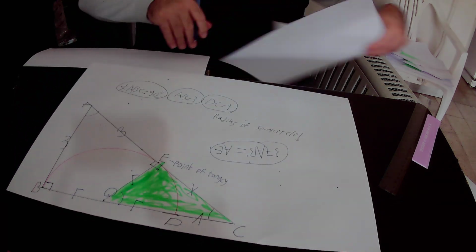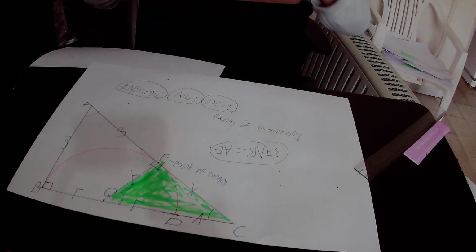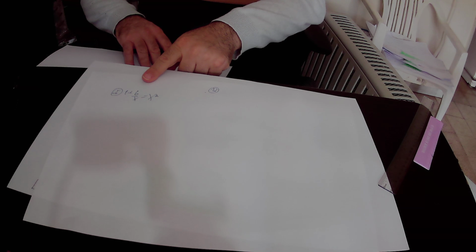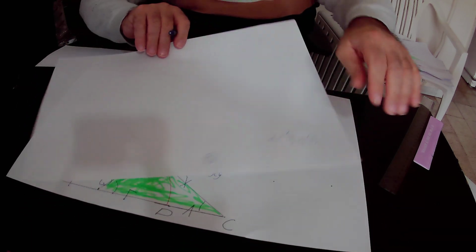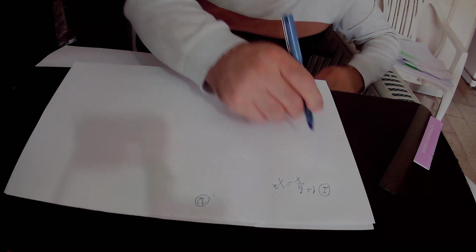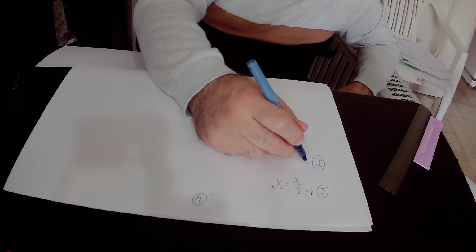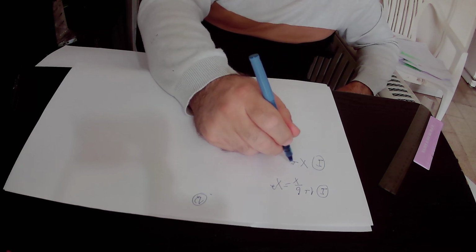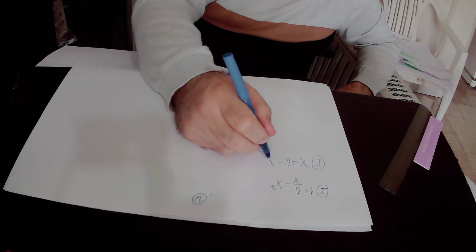So here we will multiply this equation number 1 by x, and we will get that x times 1 is x, 6 over x times x is 6, x squared times x is x cubed.